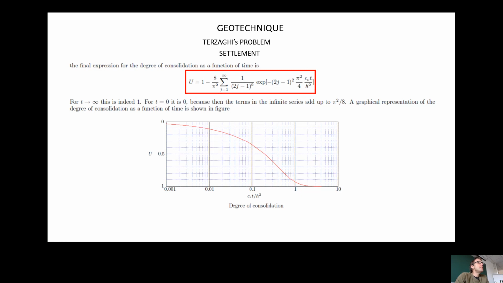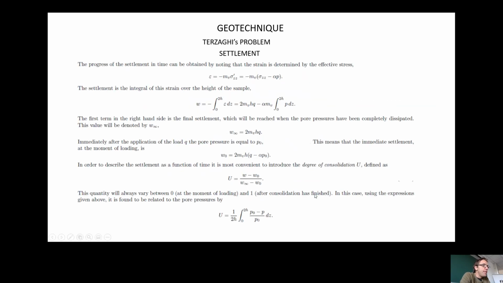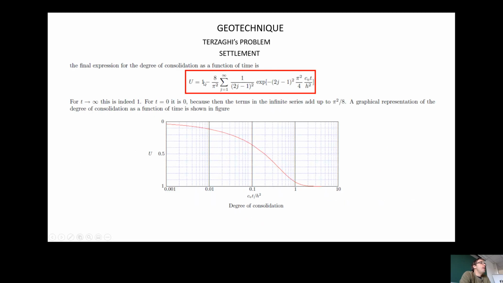So here we can see how many parameters are entering inside U. Again, U, remember, is the degree of consolidation. So it is 1 minus all of these. Of course, if T is infinite, it means that all the pore pressures are dissipated, and so U is equal to 1. Of course, on the other side, if T is equal to 0, it means that all this part is 1.